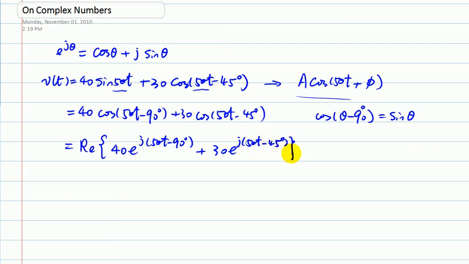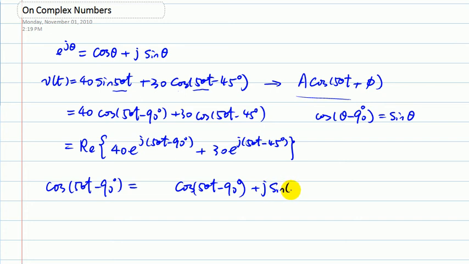Now you may wonder where this is from. Let's rewrite it again. This cosine of 50t minus 90 degrees comes from a complex number, which has a real part and an imaginary part. If I take the real part, that gives me cosine of 50t minus 90 degrees.